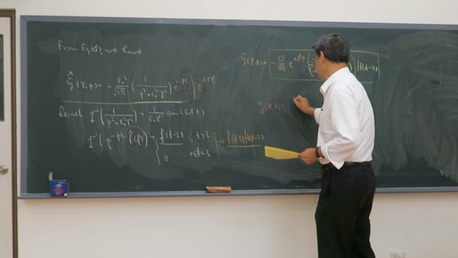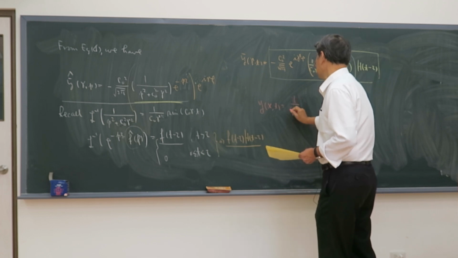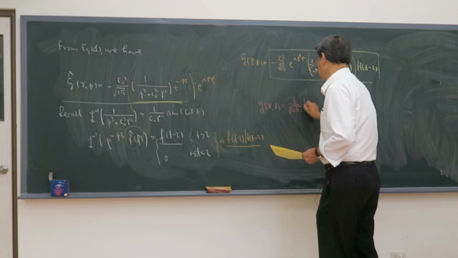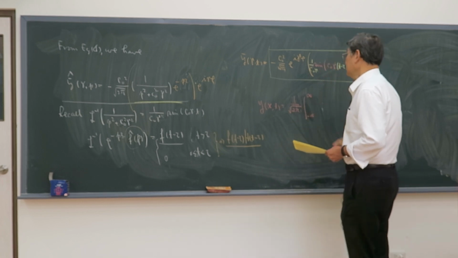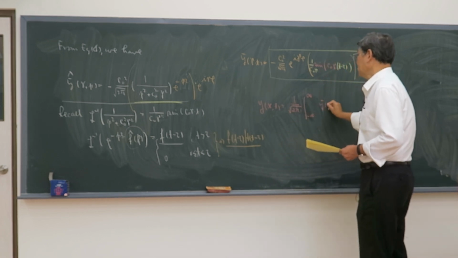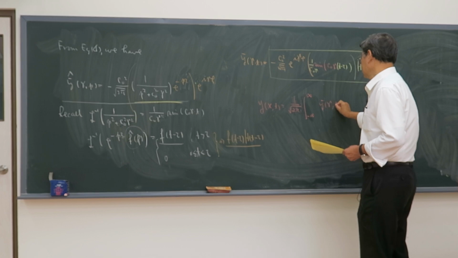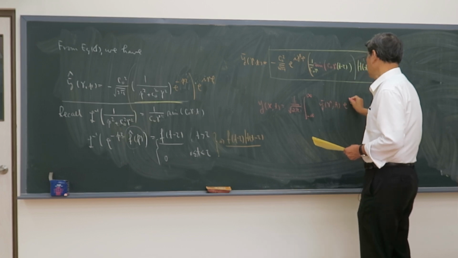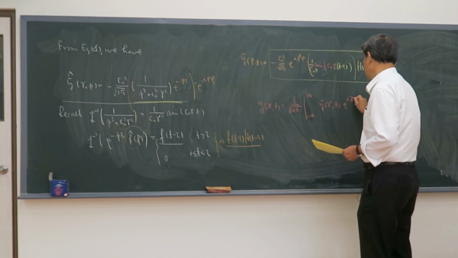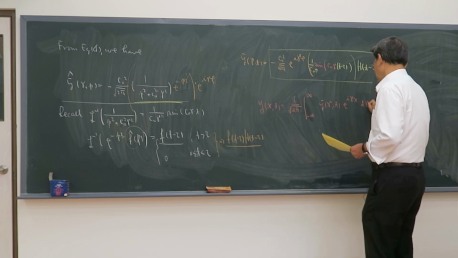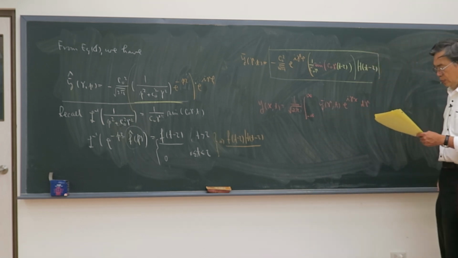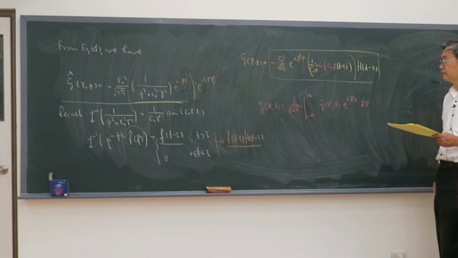We'll do the integration 1 over square root 2 pi, minus infinity to infinity, y bar gamma t exponential i gamma x d gamma. Right?